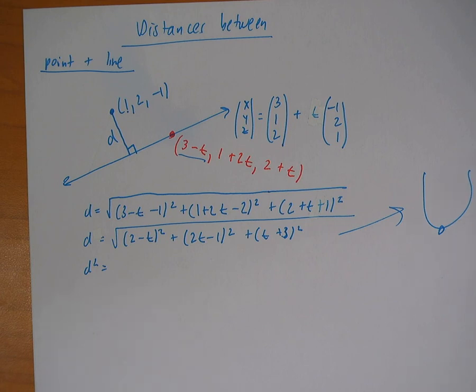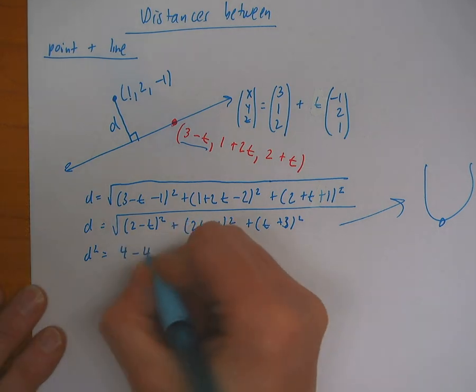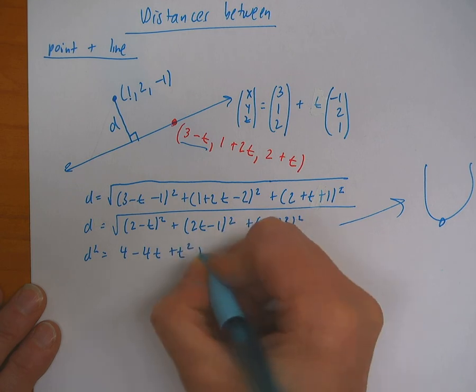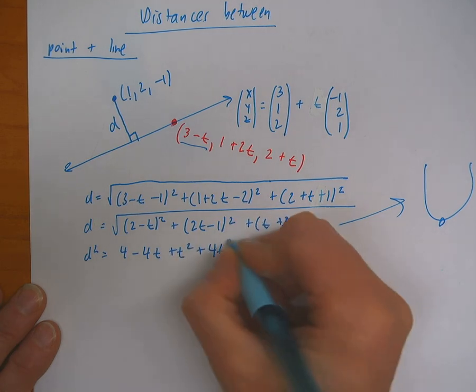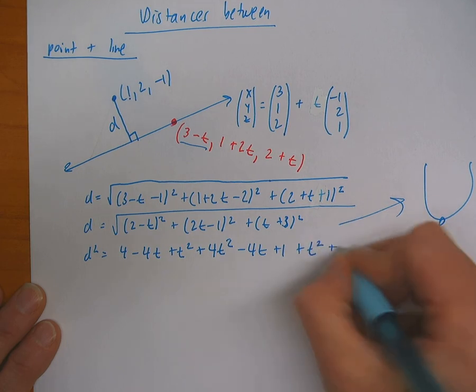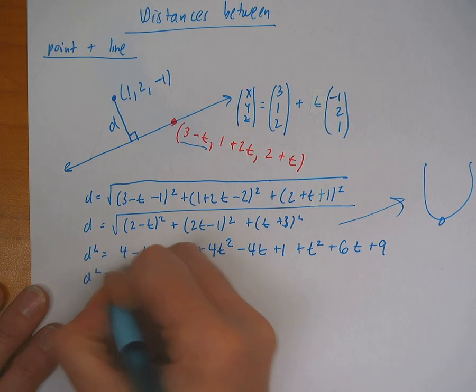And if we take the derivative of d squared, now the radical's gone. So I'm going to get 4 minus 4t plus t squared, plus 4t squared minus 4t plus 1, plus t squared plus 6t plus 9. I'll add like terms up here.